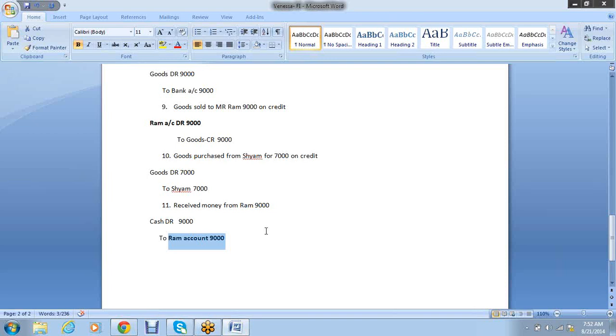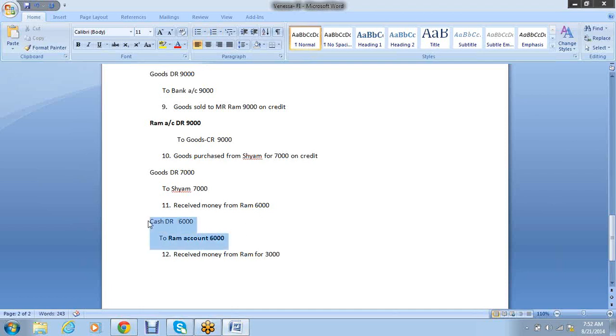If in this example he has given me only 6,000 rupees, then Ram account will be deducted only by 6,000. Earlier I had a debit of 9,000, now I give a credit of 6,000. That means he still has to pay 3,000. In the future there will be another entry whenever he pays: received money from Ram, 3,000.